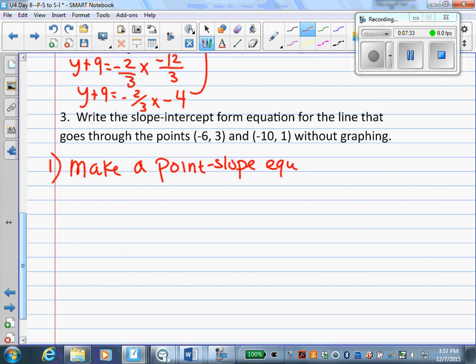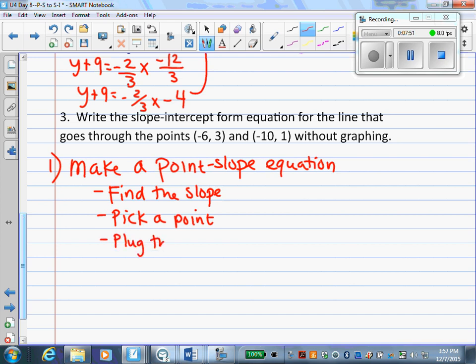So in order to make the point slope equation, first we need to find the slope. Then we're going to pick a point. And then we're going to plug those into the point slope equation.